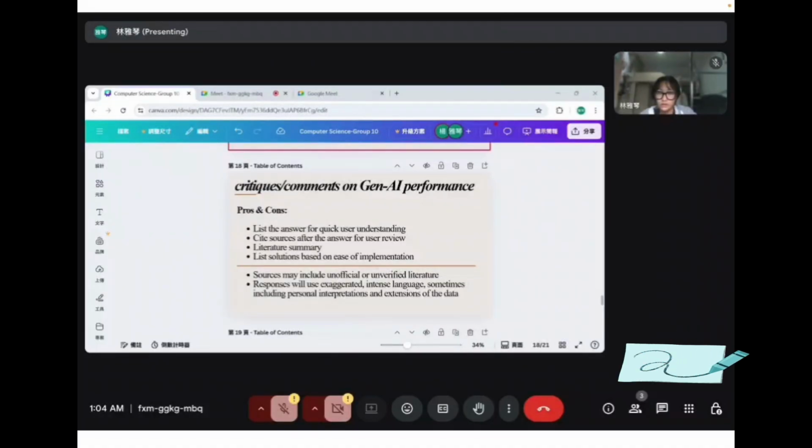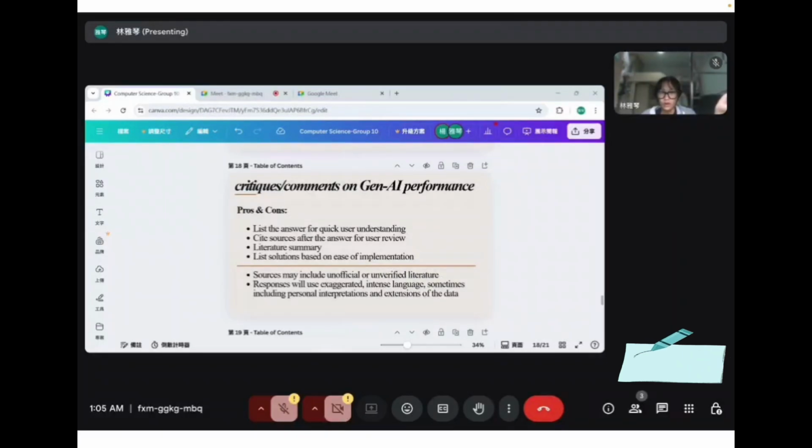During the conversation, we felt that Gen AI has the following advantages: it organizes replies using bullet points and attaches the reference sources after each reply, which makes it easy for users to verify the data's authenticity. And when providing solutions to users, it lists them according to the difficulty of completion.